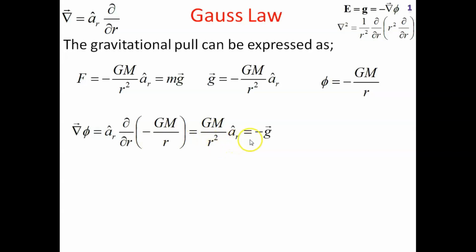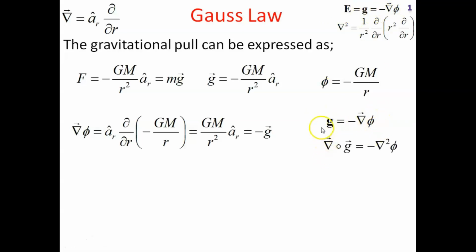This is minus g bar. So grad of phi is equal to minus g bar. So here I am writing in vector form, g bar is equal to minus grad phi. The earlier version that we have discussed is E equal to minus grad V. So it is similar to that.